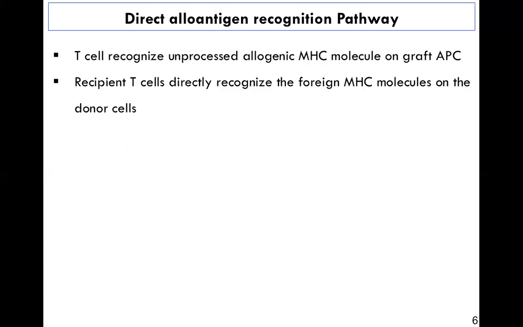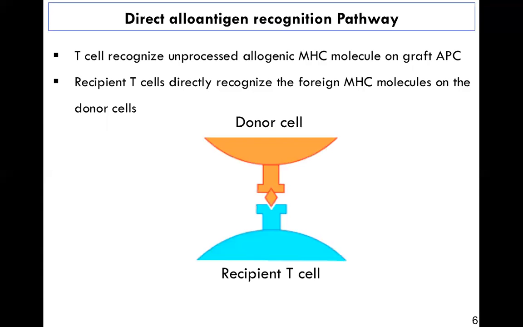Let's understand that phenomenon with the help of this simple animation. Here is a recipient T cell and a donor cell. The recipient T cell recognizes the MHC molecule of the graft APC, and then directly recognizes the foreign MHC molecule on the donor cell.